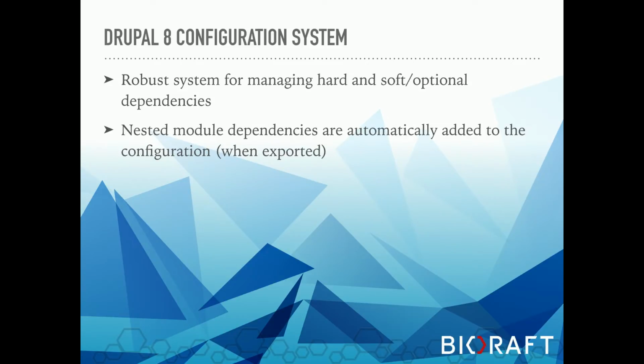All right. It also has a robust system for managing hard and soft or optional dependencies. So a hard dependency is when you have content type A, and it depends on a field that's defined in content type B over here. If module B does not get installed, guess what? Module A does not get installed either. So that's a hard dependency.